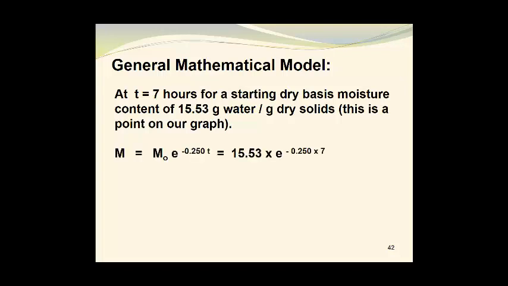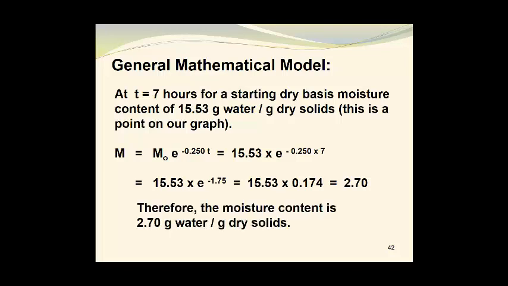So we have m is equal to m naught times e to the minus 0.250t, which is equal to 15.53 times e to the minus 0.250 times 7. Working this out, we find the value of m is equal to 2.70. Therefore, the moisture content at t equals 7 hours is going to be 2.70 grams of water per gram of dry solids.